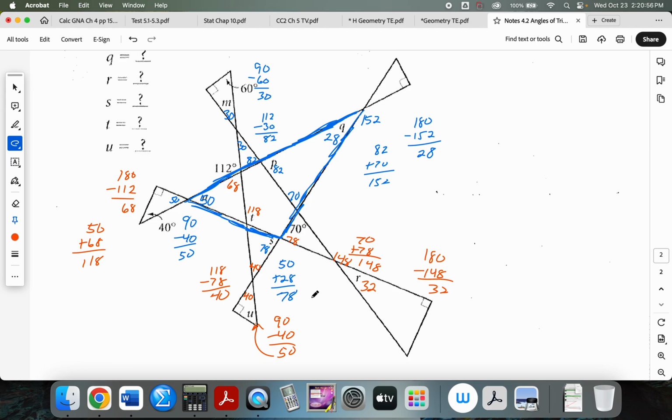So although these make great homework problems, great practice problems, they're not necessarily good test or quiz problems. Now, I could give you that same diagram and ask you for 2 or 3 angles, but I'm not going to ask you for 7 angles. Again, because sometimes you miss one and it just all falls down from there. And I don't want one mistake to cause you to miss that many.